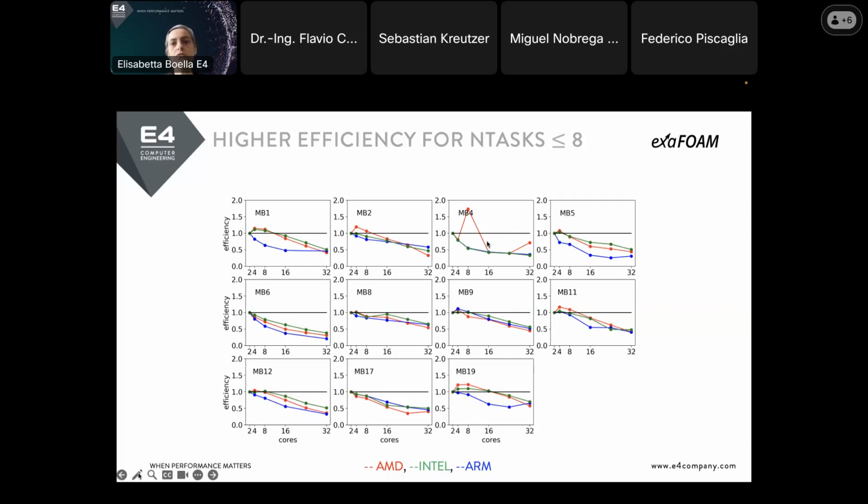And this is due to the fact that OpenFOAM is a memory-bound application, and so when the memory bandwidth gets saturated, even if you launch more MPI tasks, you don't get much advantage because most of the time the processor is just waiting for data. In general, looking at this plot, it seems that x86 architectures show a better parallel efficiency than ARM, on all the microbenchmarks with few exceptions, with Intel actually performing a little bit better than AMD in this case.